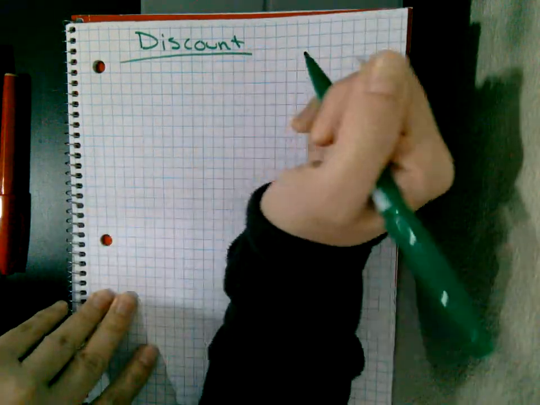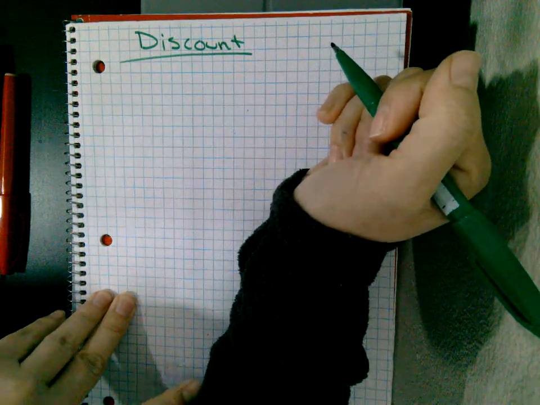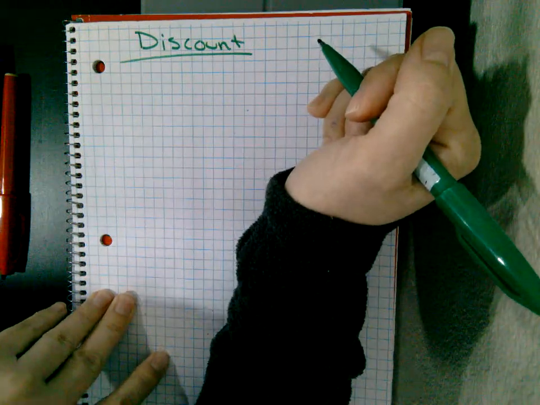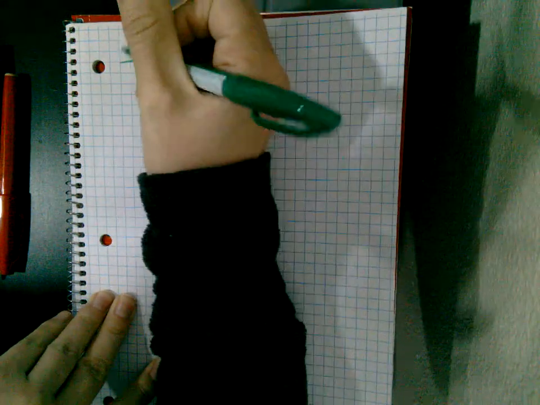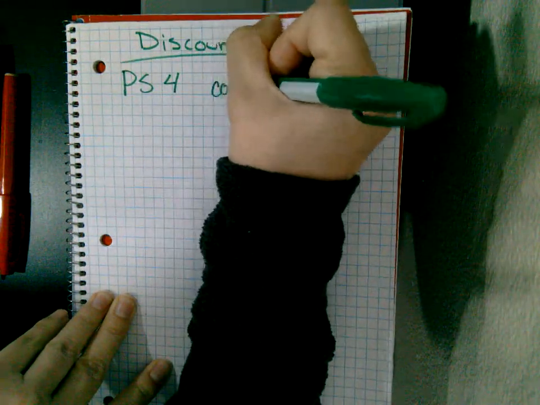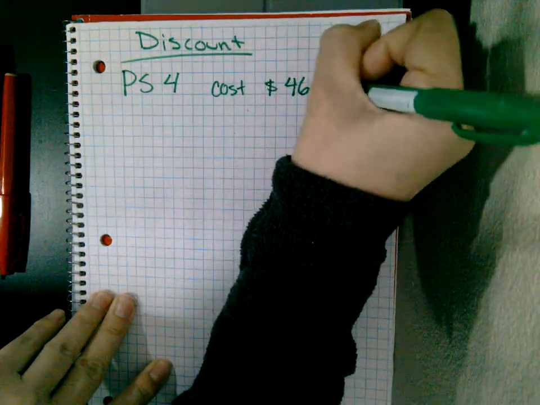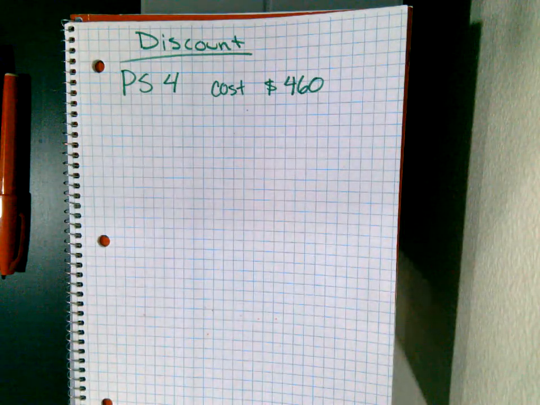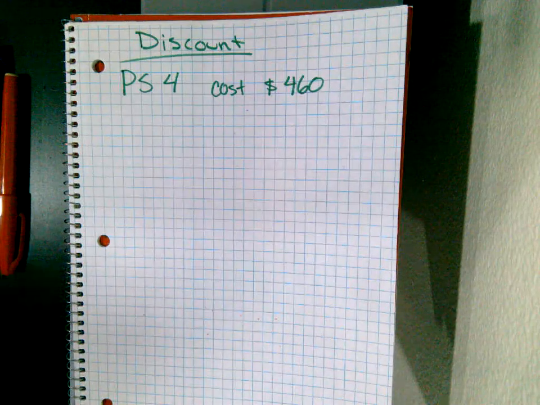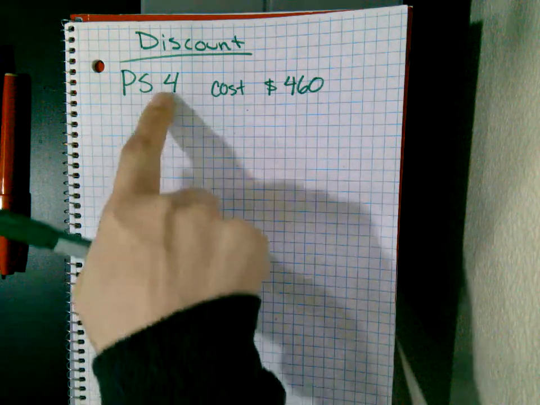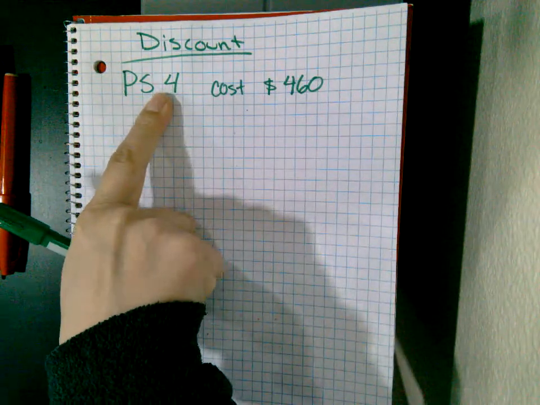So I've been wanting to buy the PlayStation 5, but I can't find it anywhere. It's all sold out. So you know what? I'm going to settle for the PlayStation 4. So I know that the PlayStation 4 costs, let's say, $460. But you write this down. Because there's a PlayStation 5 out there, the PlayStation 4 is like old news, right?